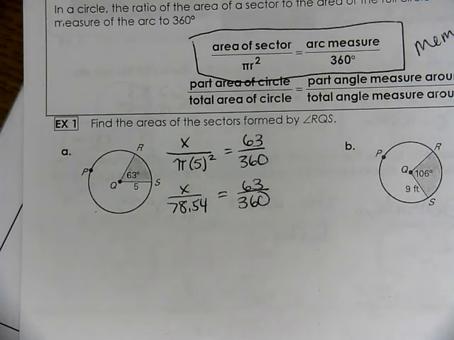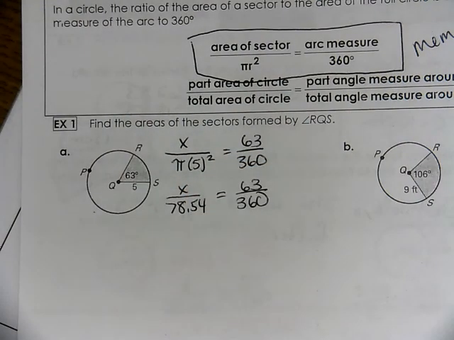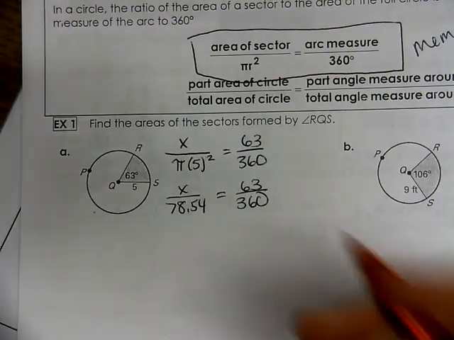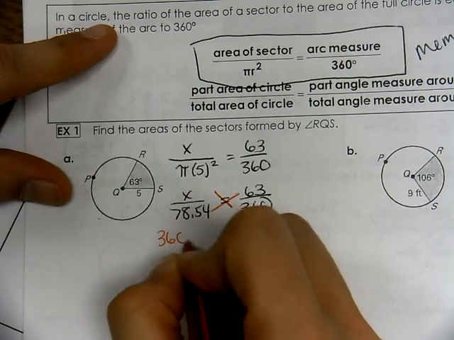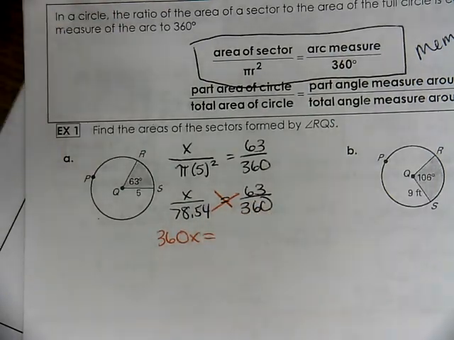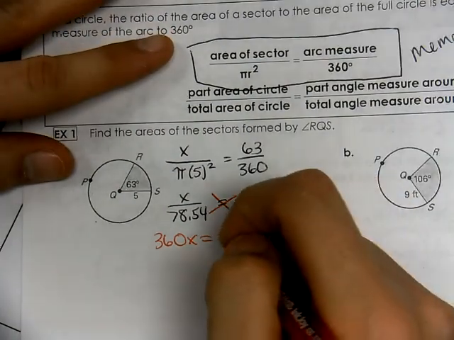So that's why you really have to know what the question's asking. But if you see it's shaded, it's usually asking for the area of the sector. If it's not shaded, it's usually asking for the arc length. So then cross multiply. 360x equals 4948.